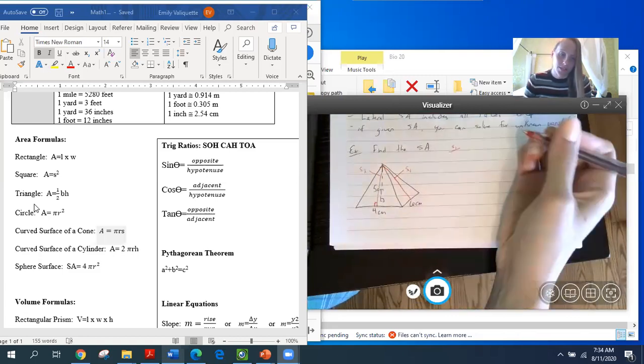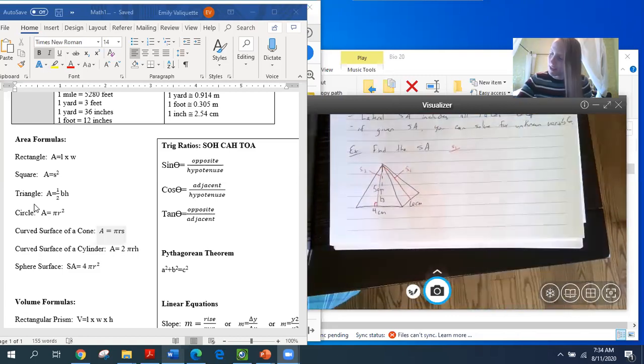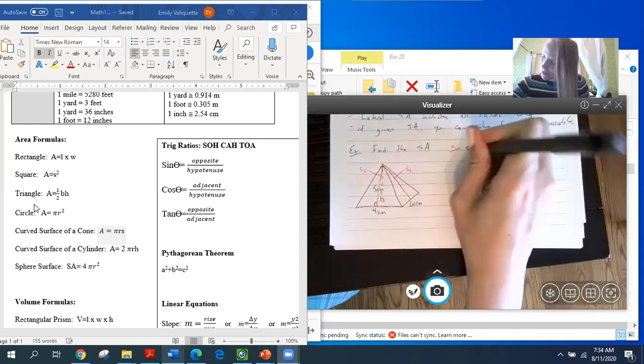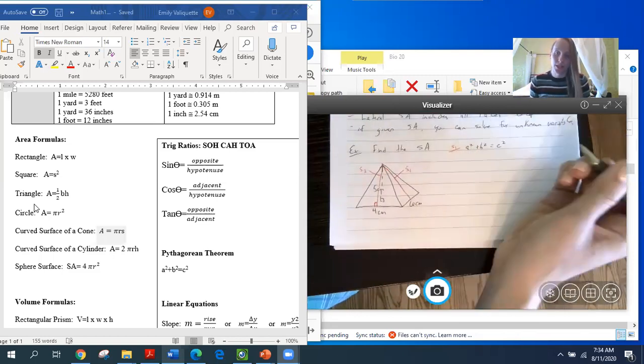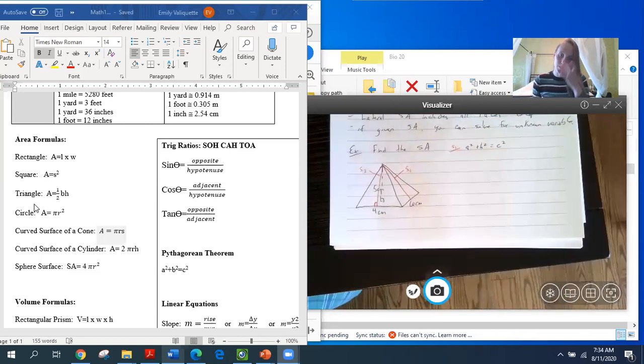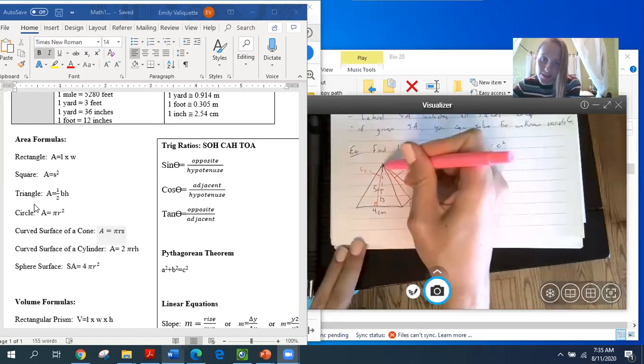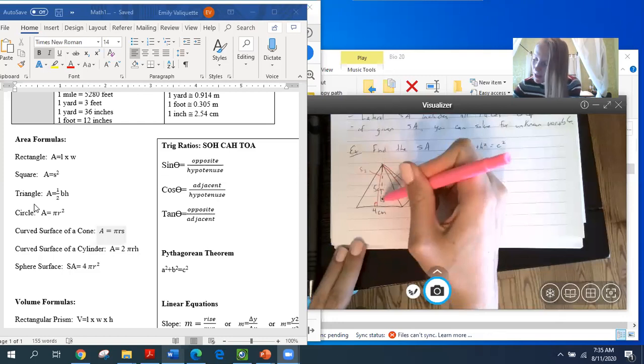I am, of course, going to be using Pythagorean theorem, so a squared plus b squared equals c squared. In order to use Pythagorean theorem, we do need to have a right triangle. My right triangle that I'm going to be using is right here. I'm going to be using the internal height of 5 centimeters.